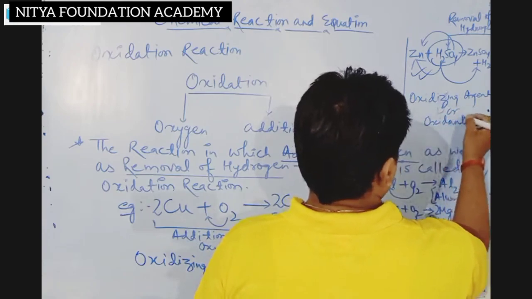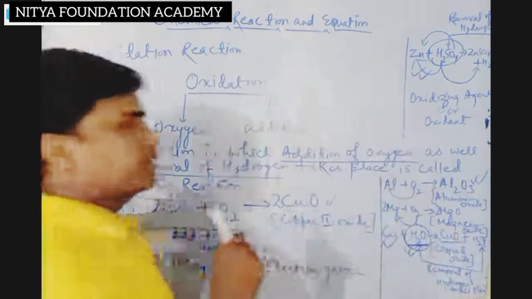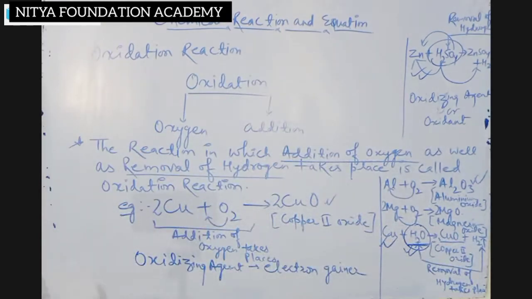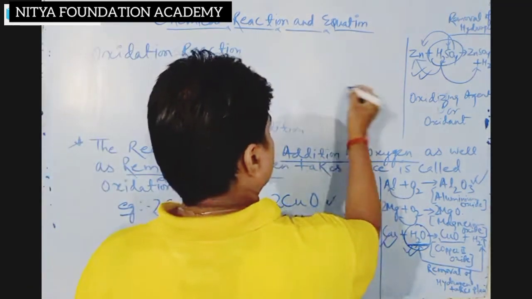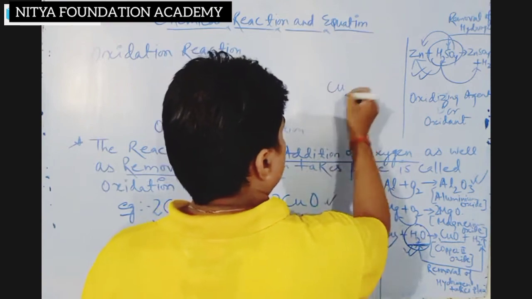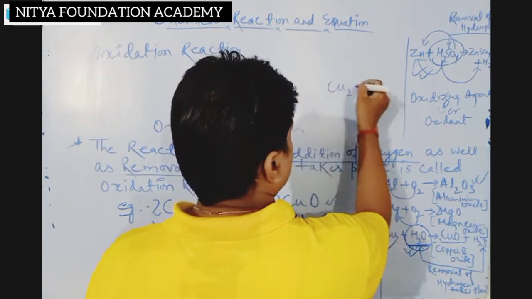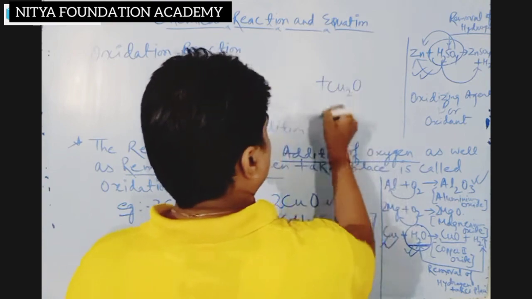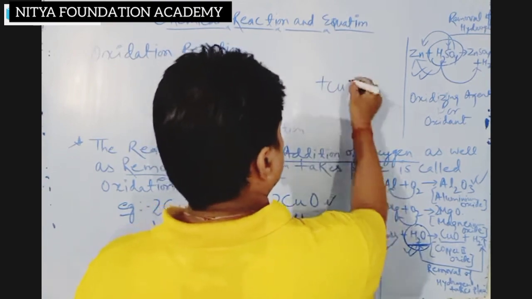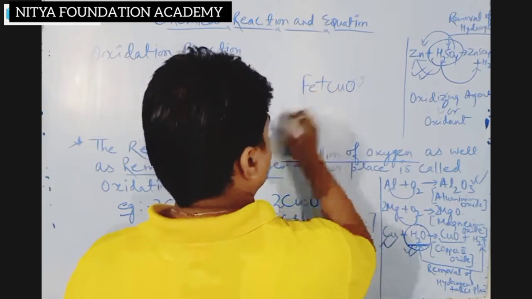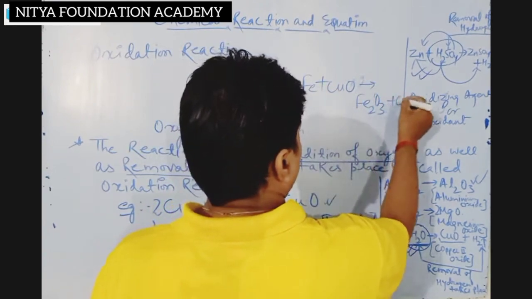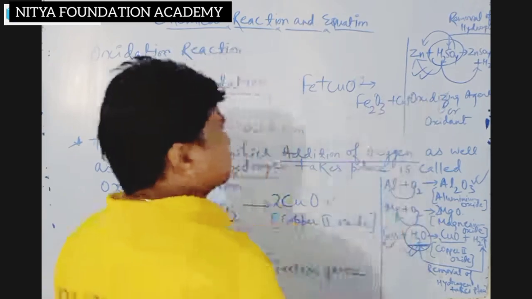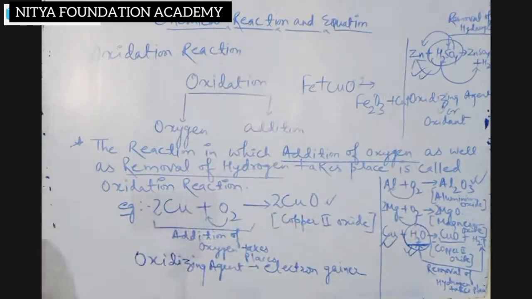ओके, जैसे सपोज कल हम लोगों ने एक एग्जांपल देखा था जिसमें हाई रिएक्टिव मेटल लेस रिएक्टिव मेटल को क्या करता है, डिस्प्लेस करता है। ठीक है, सो हमने देखा क्या कि जैसे फॉर एग्जांपल कॉपर है, CuO है, सॉरी, and here it is Fe, okay, and when it reacts it produces Fe2O3 and then copper gets reduced.